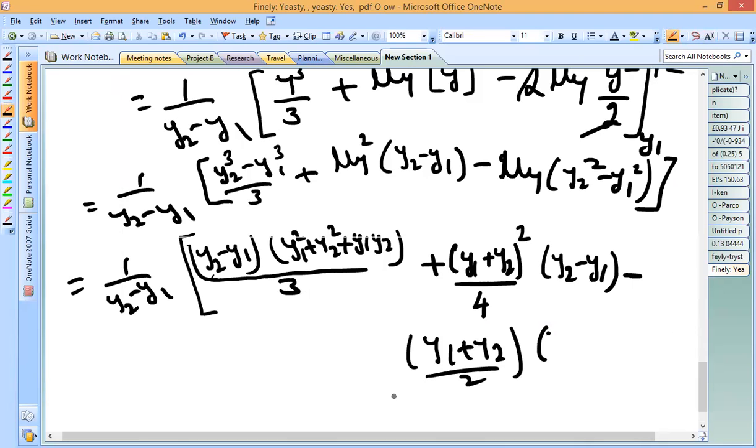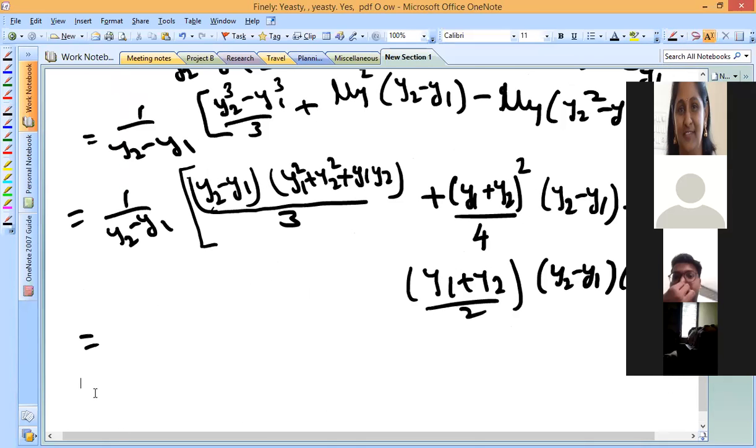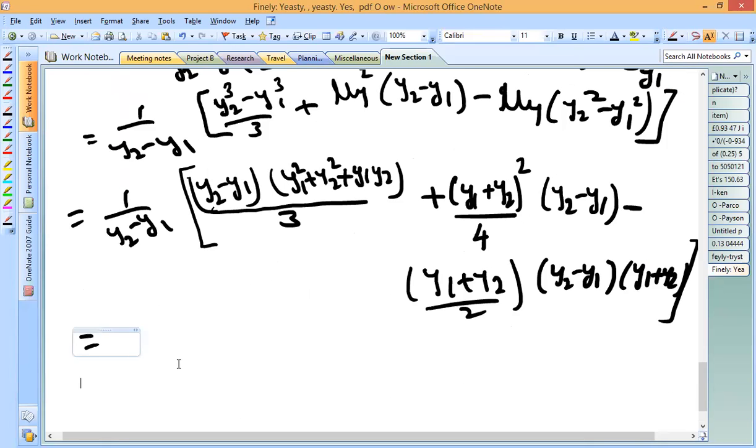If you simplify after substituting the mu y equation and expanding the equations of a cube minus b cube and a square minus b square, finally we are left with the equation. I'll just write the final answer. You just go on simplifying because it will take time.